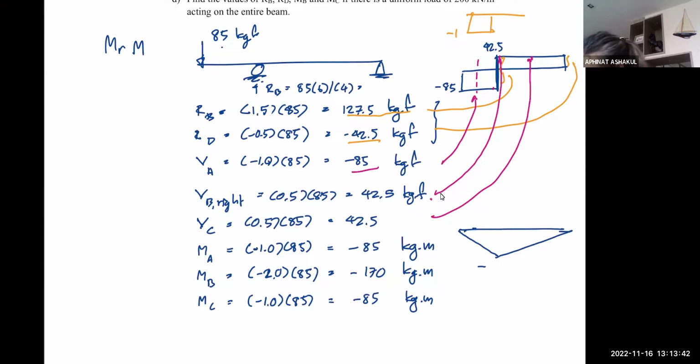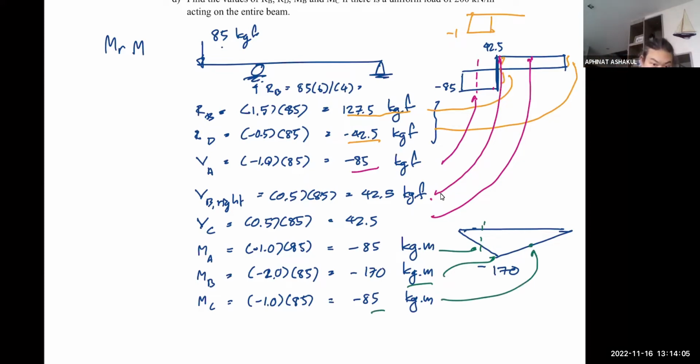So that's minus 170. That's your bending moment diagram, correct? And here, let's change the color a little bit. MA is this point, minus 85. That's MB, right at the support. And MC is somewhere in the middle, still negative.